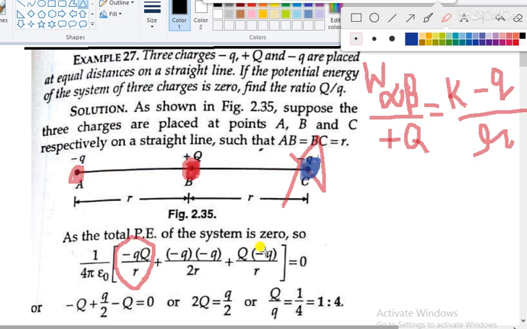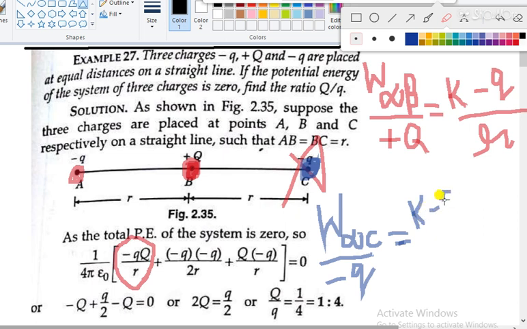So the work done from infinity to c by charge minus q is equal to the potential due to a, which is k into minus q, and the distance is r plus r, so 2r.